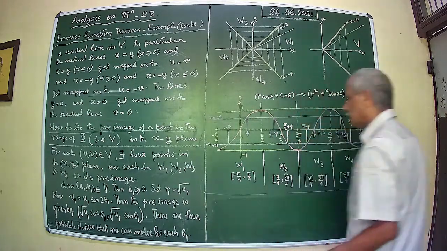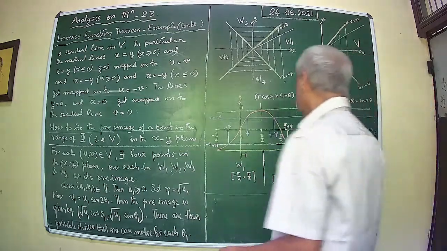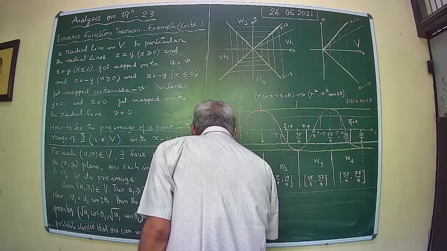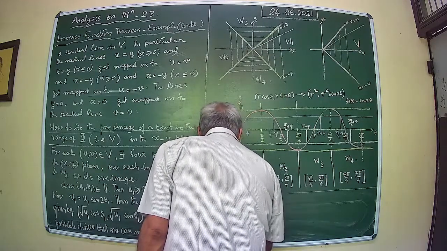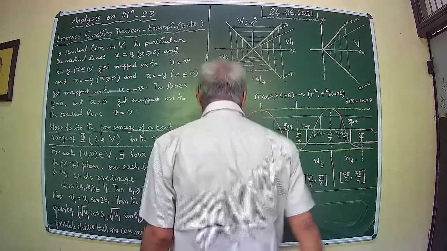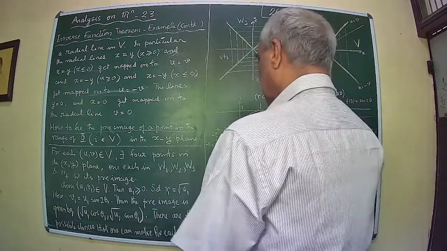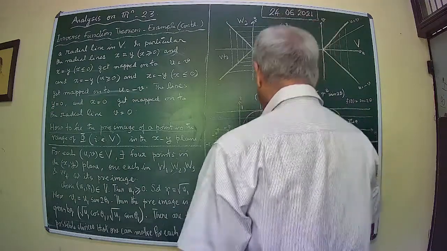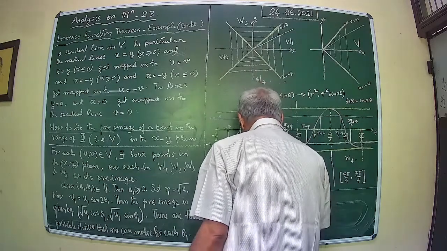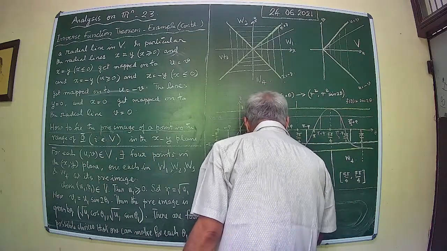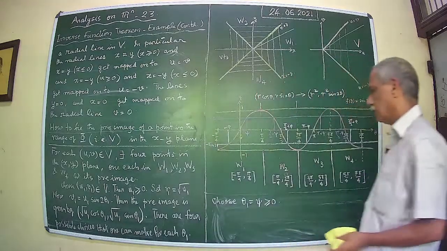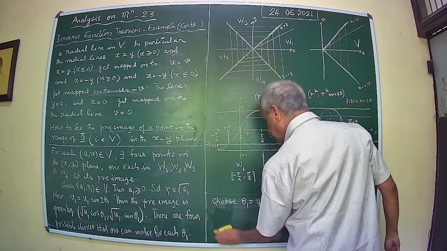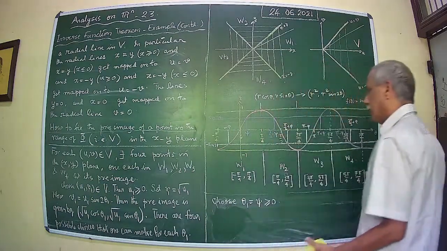Let us take zero. Okay. Then what are the possible choices that you can make?